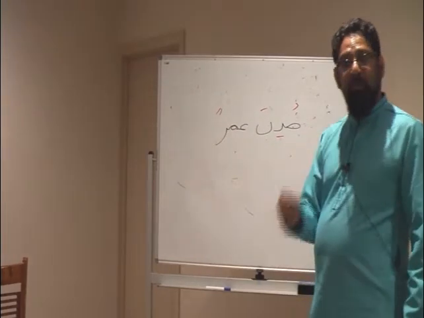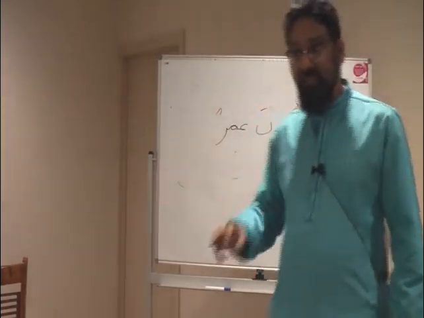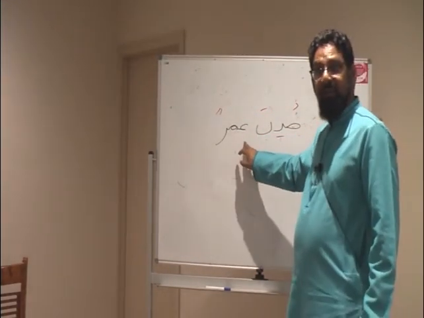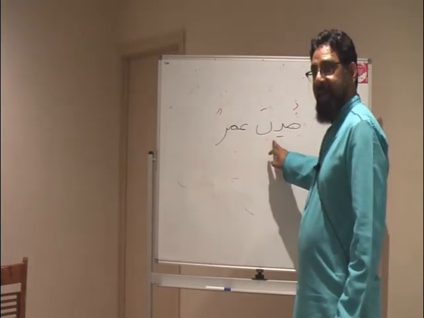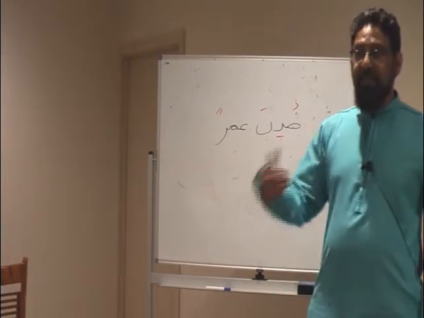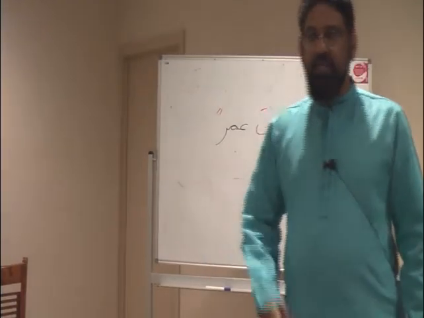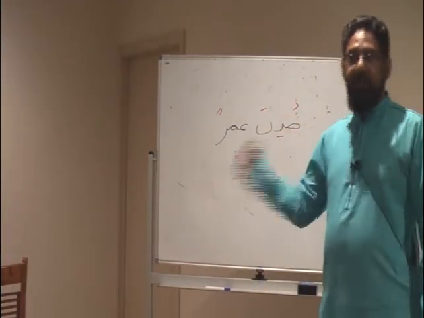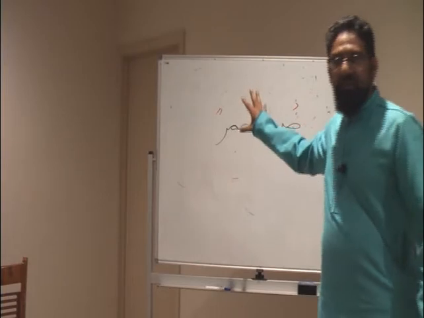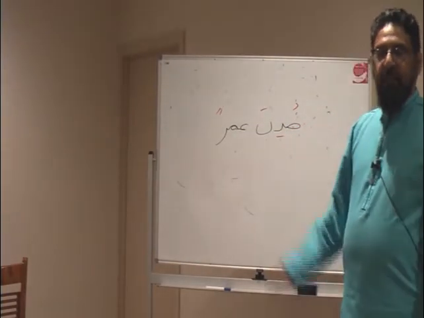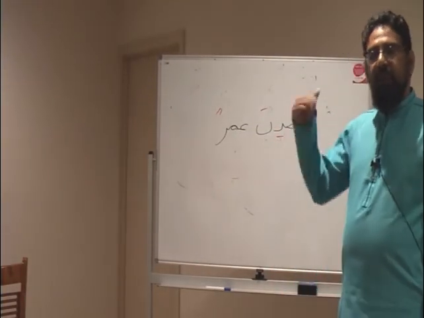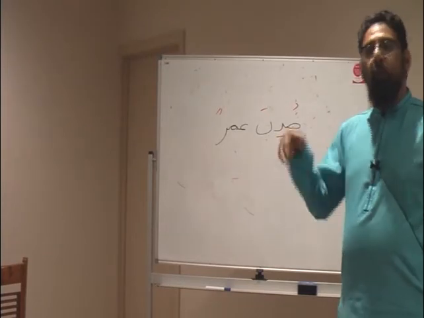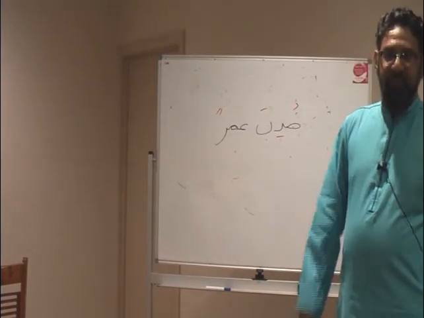So that's another example of a rafa. Amr is now in the state of rafa because it's the deputy doer of the passive verb duriba, which means is hit. So amr is the subject of being hit, and therefore it's in rafa because it's not an active verb. If it was daraba, then it'd be amran. Duriba, amrun.